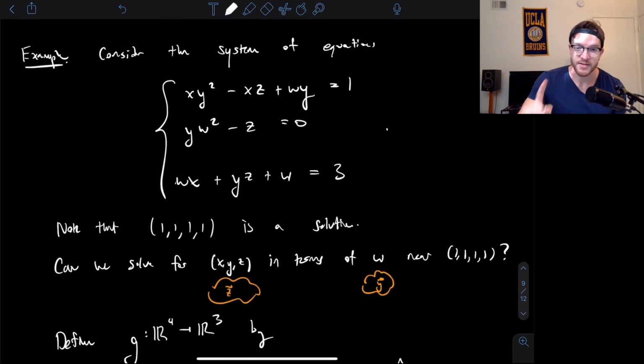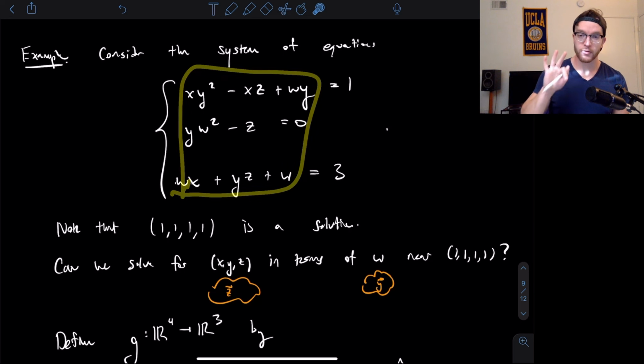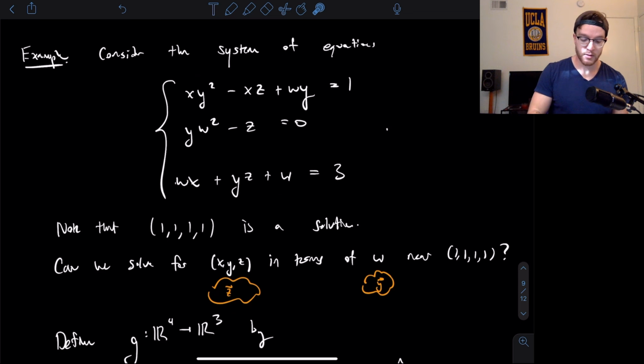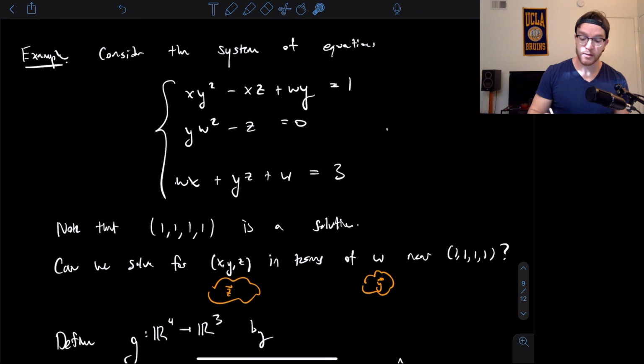Likewise, in the second example, let's think about what we've done here. This time we had 4 variables, 3 equations. This is going to describe a 1-dimensional blob in R4.